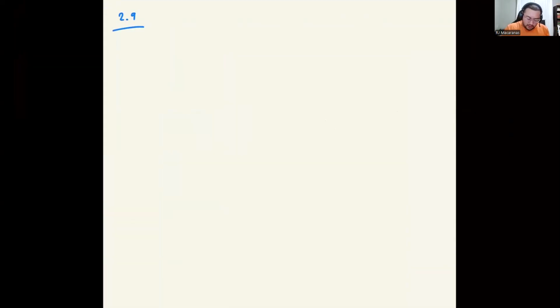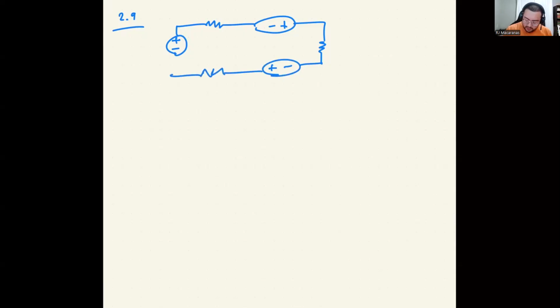All right. So next up, we're looking at 2.9. Now, this is starting to get a little more into the analysis, I think. Here we're looking at this kind of circuit. We've got a voltage source, resistor, another voltage source, a resistor, voltage source, another resistor there.